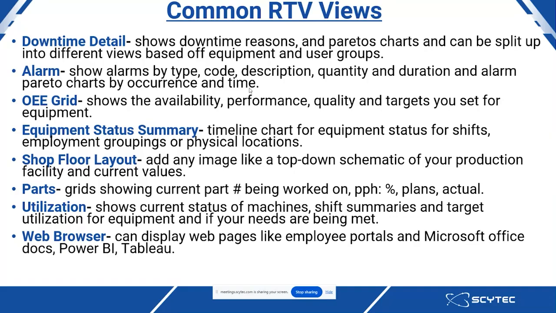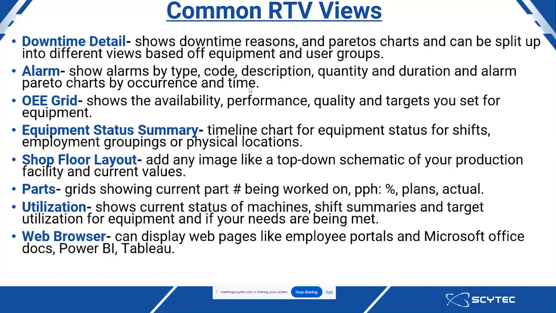We have a parts view, which shows grids, including the current part number being worked on, as well as parts per hour percentages, plans, and your actual parts per hour that you have been producing. We also have a utilization view inside of the RTV that shows current statuses of machines, shift summaries, and target utilization for equipment.